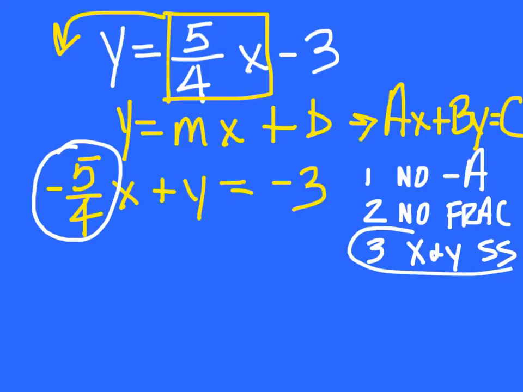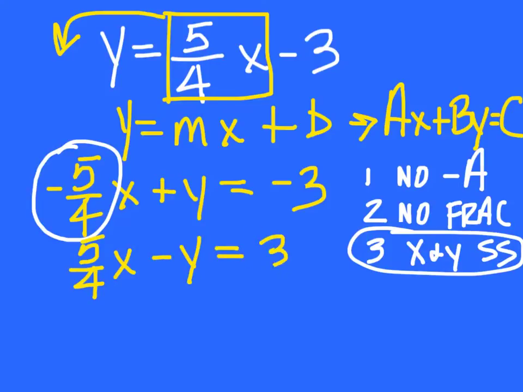So we're good with 3. But number 1 there, we have a negative a term. So what do we do to get rid of it? Yeah, multiply everything by negative 1 or just change the sign of everything. So 5 over 4x, it now goes to positive. Then you have minus y, and then a positive 3.